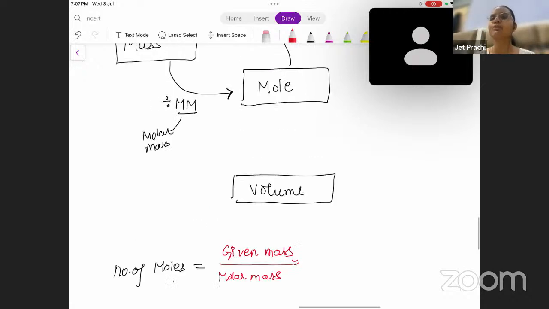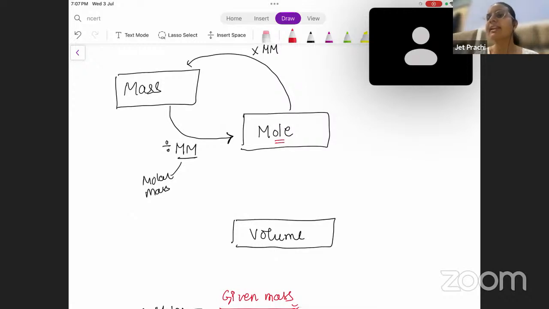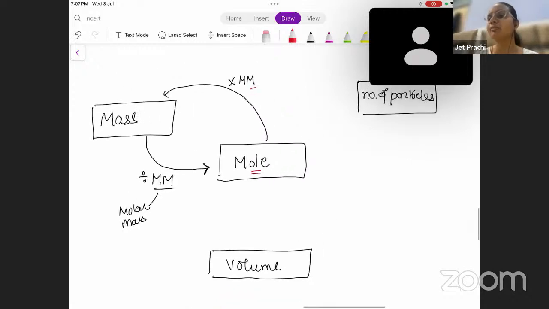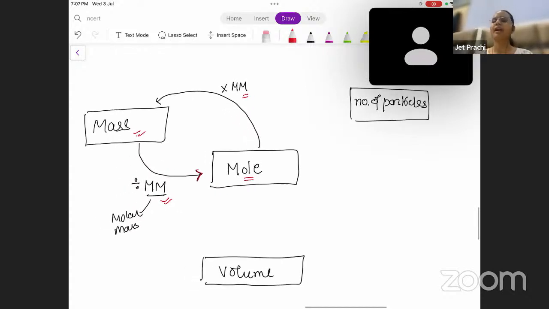If I multiply it with the molar mass, I'll get the mass of those moles. And if the mass is given to me and I have to go to the moles, then I have to divide it by the molar mass. If this is clear, then we will move on to the number of particles.